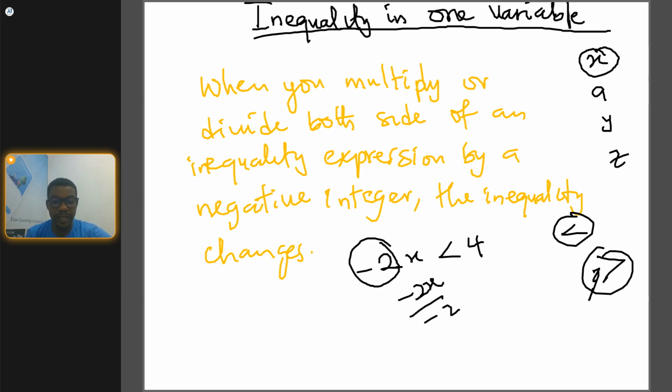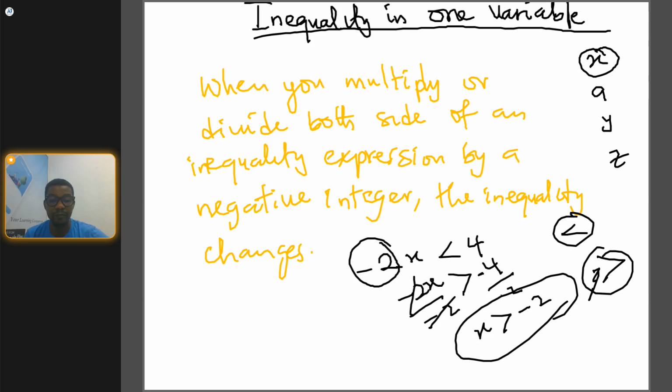So I have greater than 4 divided by minus 2. Let the minus be at the numerator, not the denominator. Minus 2 cancels minus 2, so the answer is x is greater than minus 2.